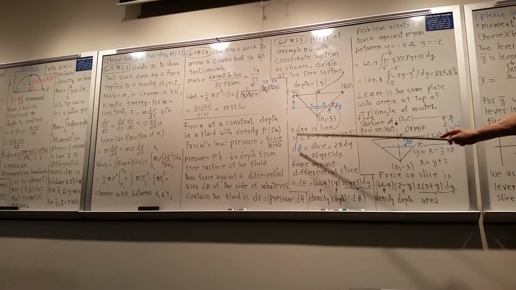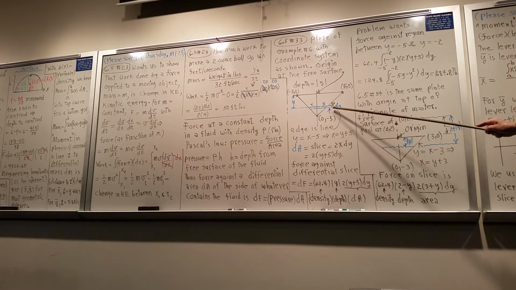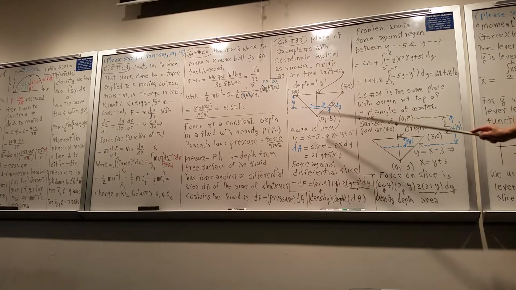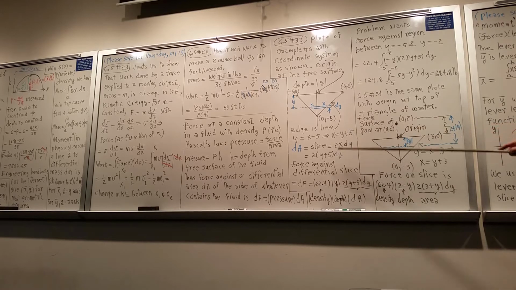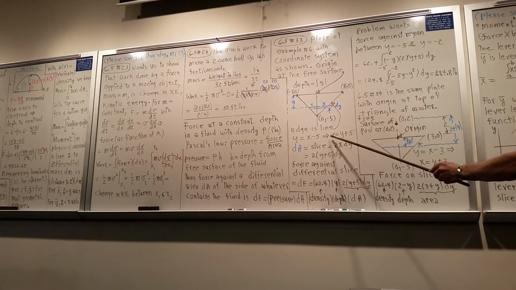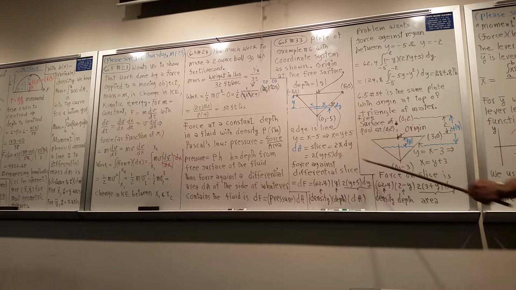So then you can solve this: x is y plus 5. Your differential area is the area of your slice, which is twice x dy. Your variable is y. If you're going to do an integral, you have to write things in terms of y, so you use x equals y plus 5.